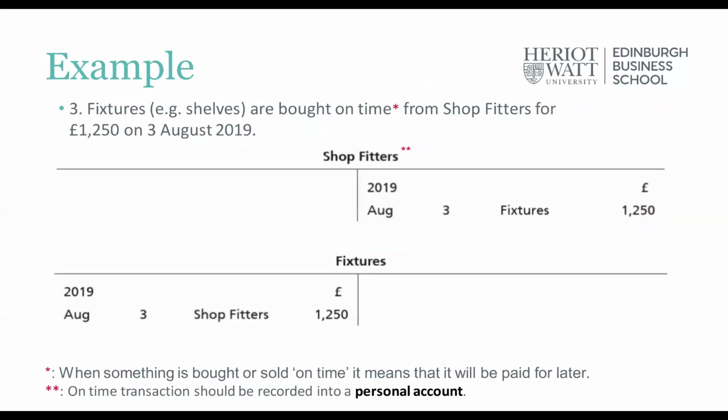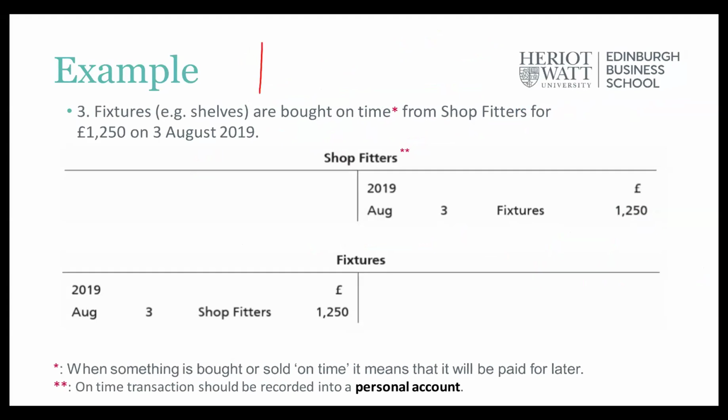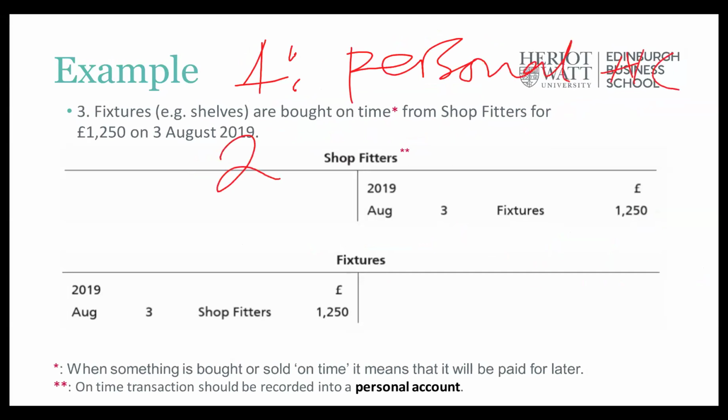Now let's move on. Oh, I don't have to move on. I've just talked about the personal accounts. Personal accounts. Then the other group of accounts is called impersonal accounts.